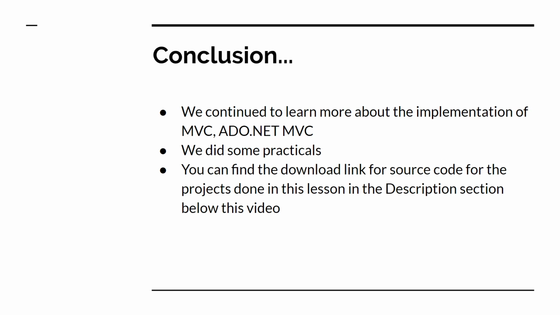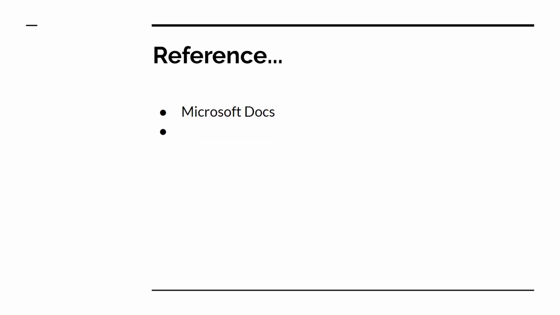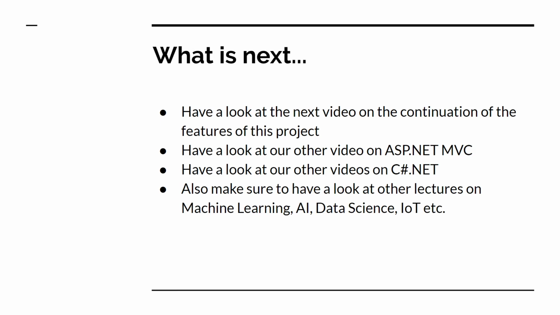So we finished insert, delete, update, and all this stuff, and we did it with referencing wherever necessary. And what's next is look at the next videos continuing the other features of this project, like I said, data grid view, and the drop down combo boxes. Have a look at our other videos, and especially about ASP.NET MVC.